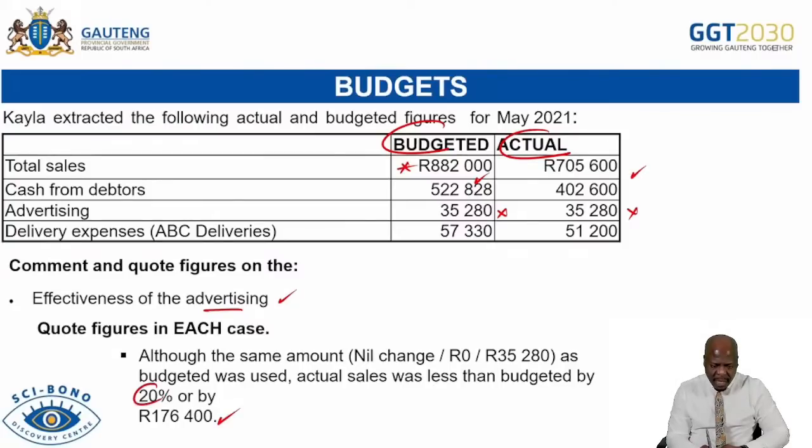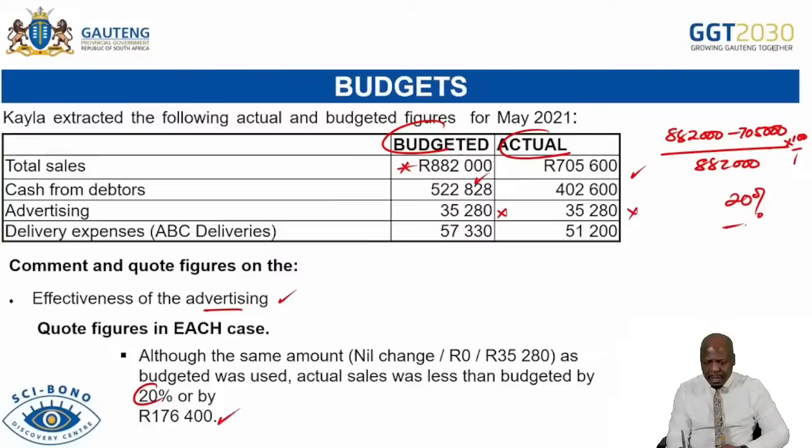And to get the 20%, you simply get the difference. You say 882,000 minus 705,000, and you divide it by the old amount, the budgeted, which is 882,000. You multiply by 100 over 1, and it will give you your 20%. Okay, so that is another way.